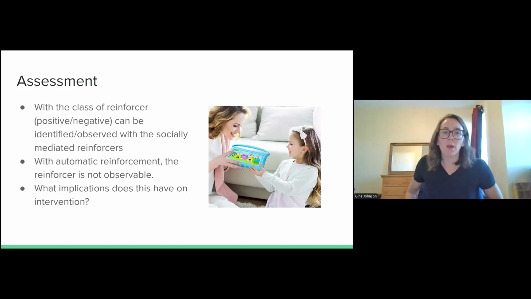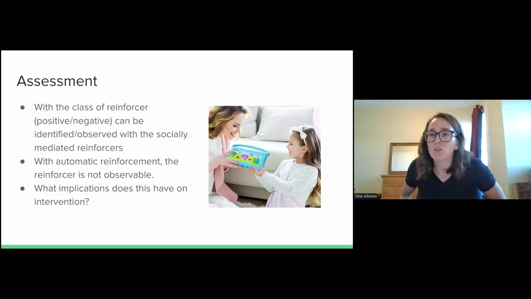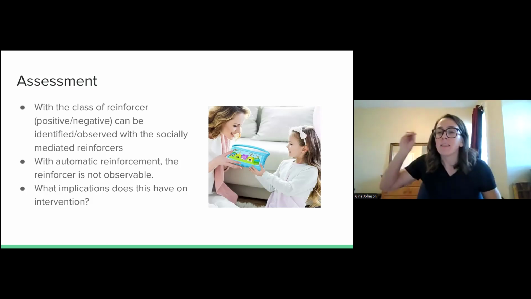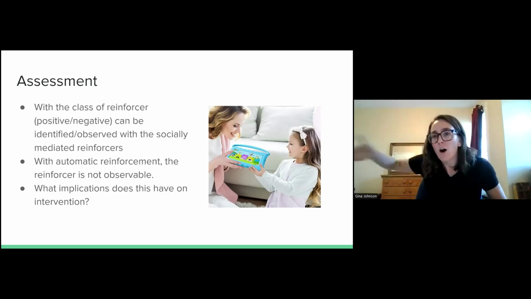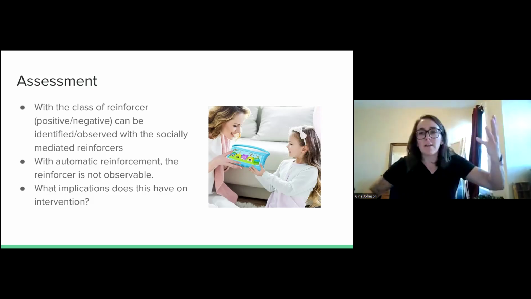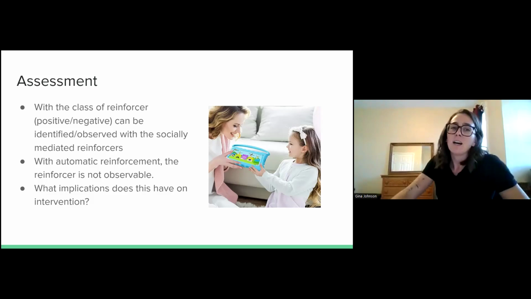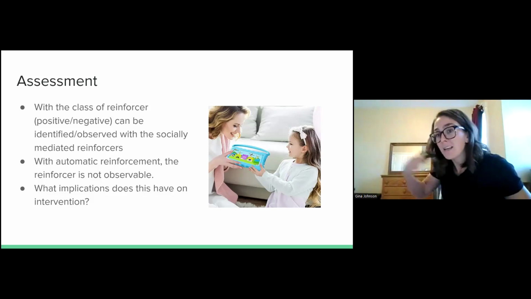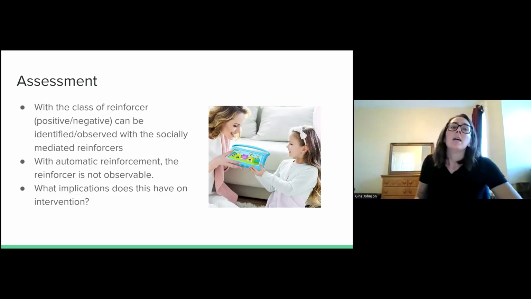So with escape, we're looking at negative reinforcement usually. And with access to tangibles and attention, we're usually looking at positive reinforcement, right? The reason that's relevant is because it gives us an in to our interventions. We know what to do for our interventions so much more readily when we have that information. If the maintaining reinforcer is a positive reinforcer, we need a positive reinforcer.